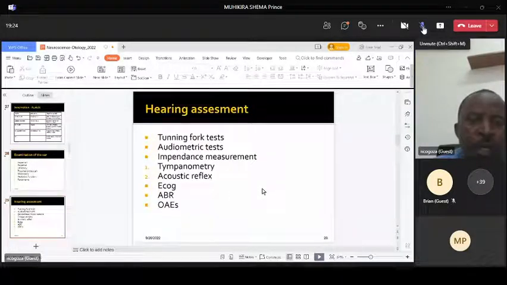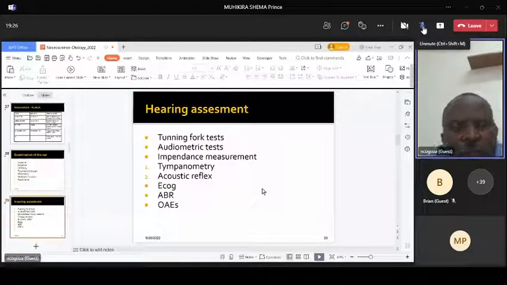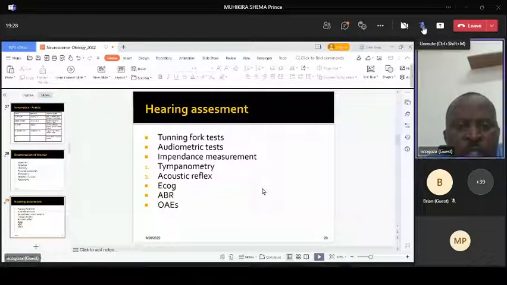And hearing assessment is by tuning forks. You will see the tuning fork when you come for rotation.